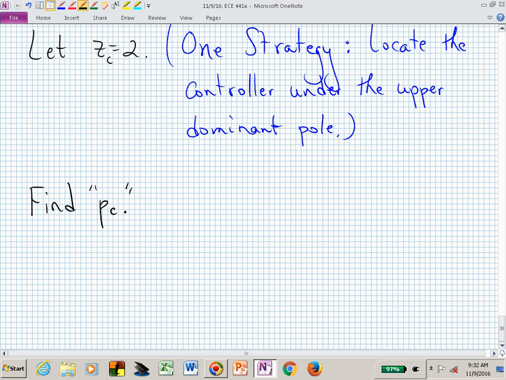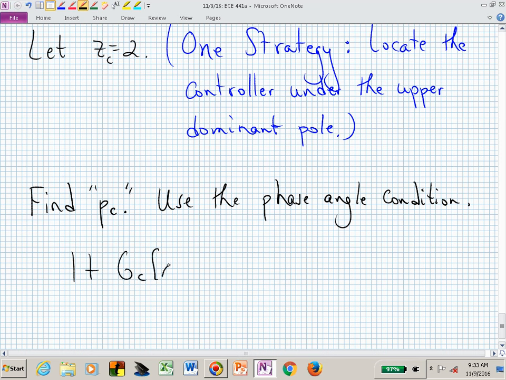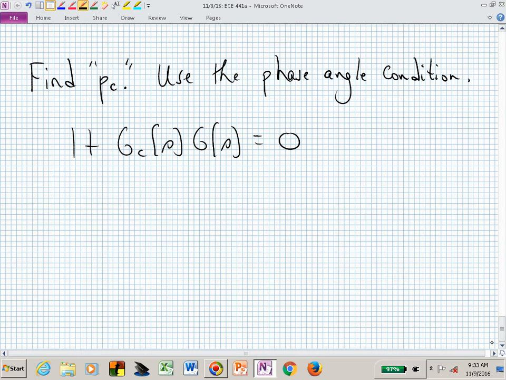What we now want to do is find where do we locate our controller pole. And we are actually going to use the phase angle condition to determine the value for P sub C. What does the phase angle condition do for us? Well, we know that in the closed loop, our closed loop poles are governed by 1 plus G sub C G equaling 0.